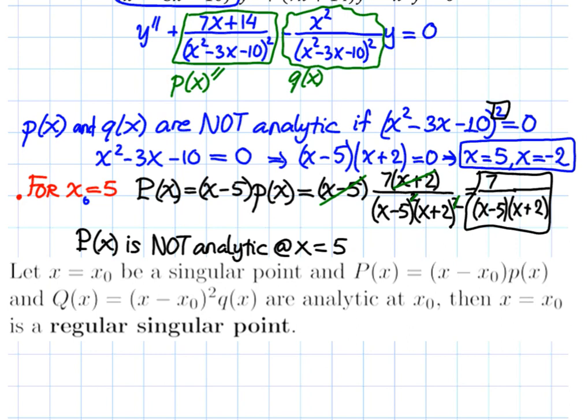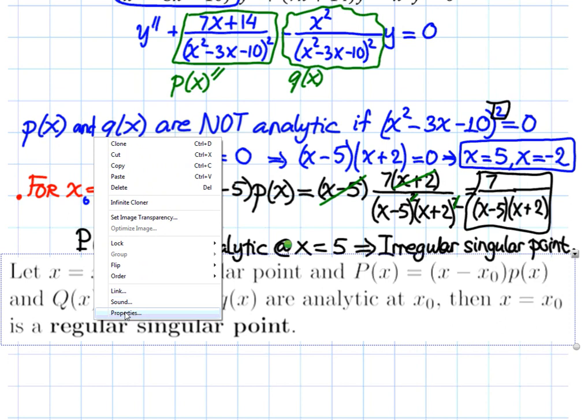So it is an irregular singular point. If P of x were analytic, we would have to go ahead and find Q of x also. But since one of them is not analytic, we don't have to go any further, and we say it is an irregular singular point.